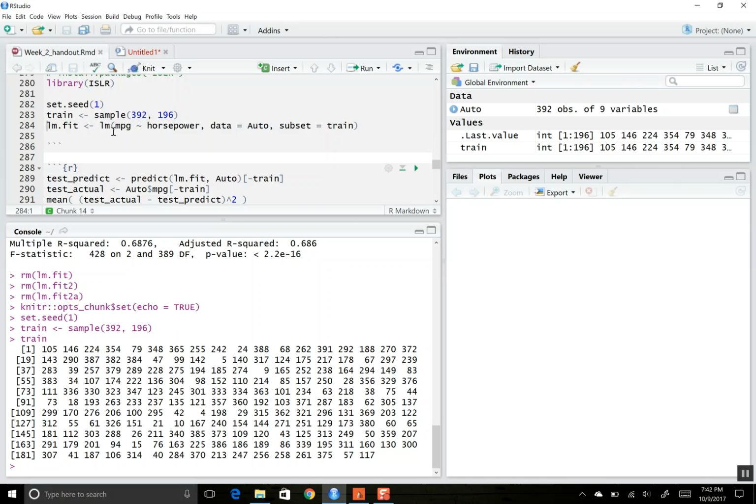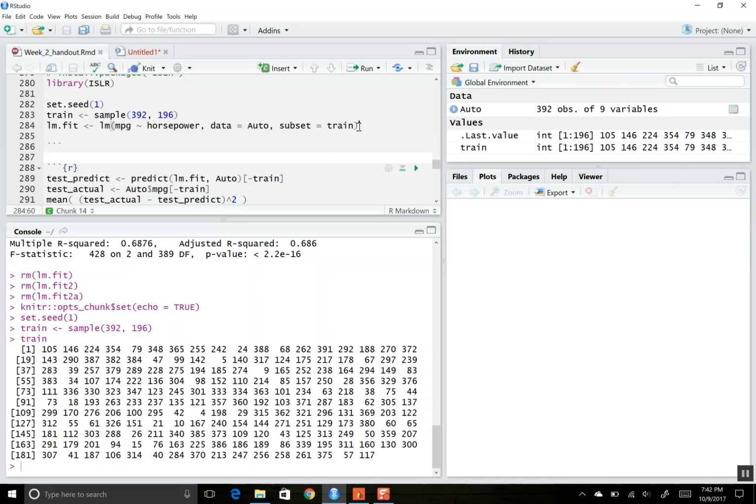And then we're going to create a fit. We're going to do lm.fit, and we just do MPG based on horsepower, we'll say data is auto, except, however, fit your data just on this subset using train, using these indices to choose the data that we use to fit our data.